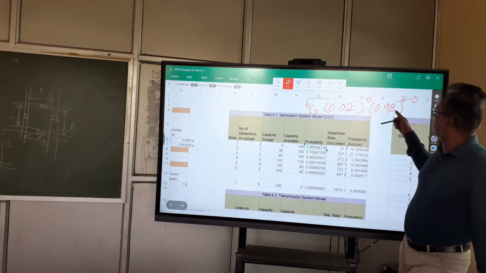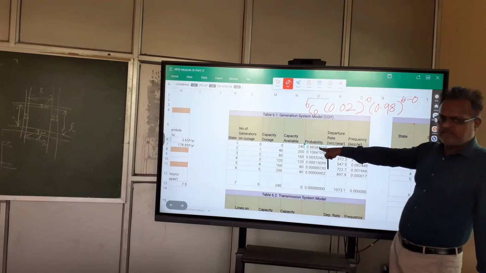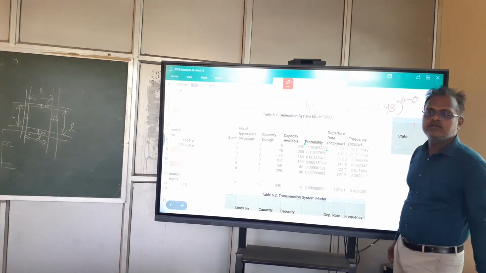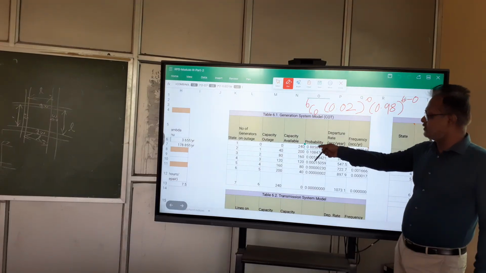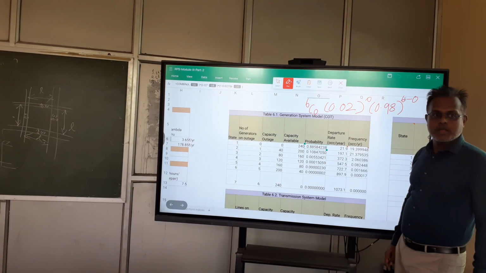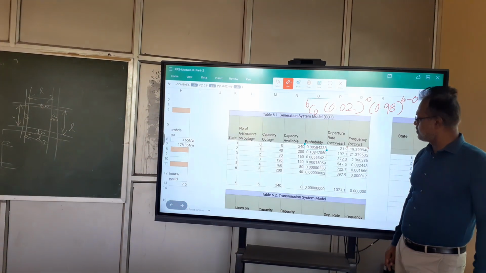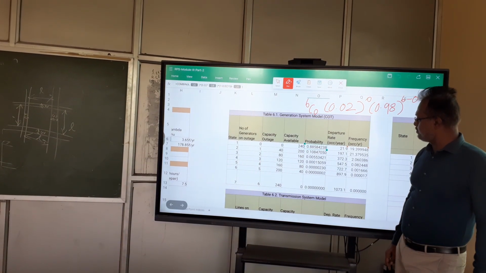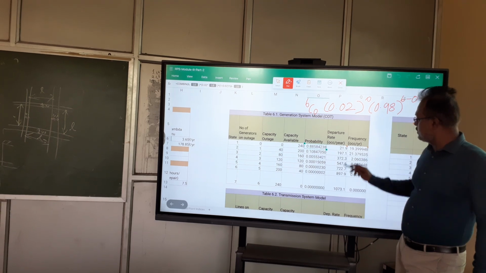So this is essentially 0.98 to the power 6. Just check: 0.98 to the power 6 is 0.8858.